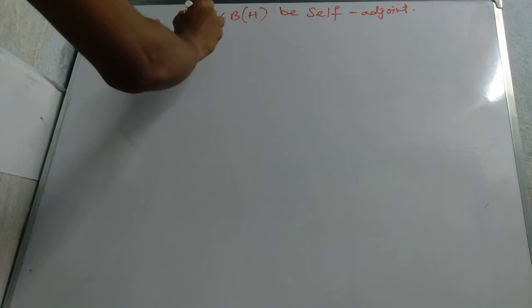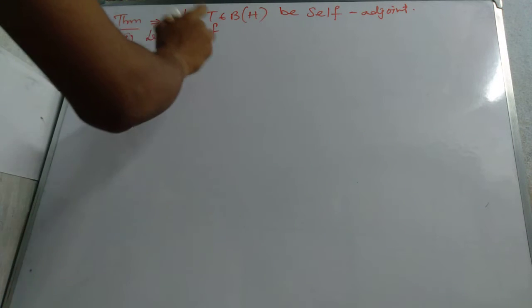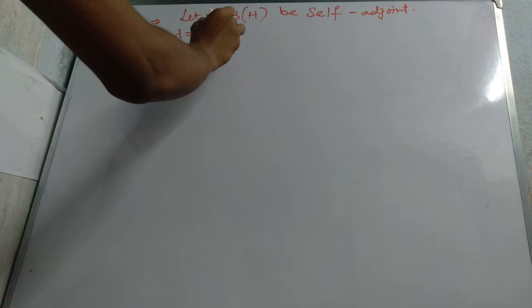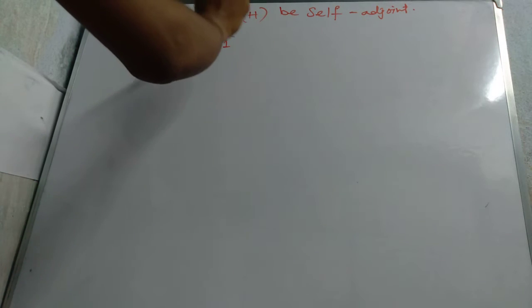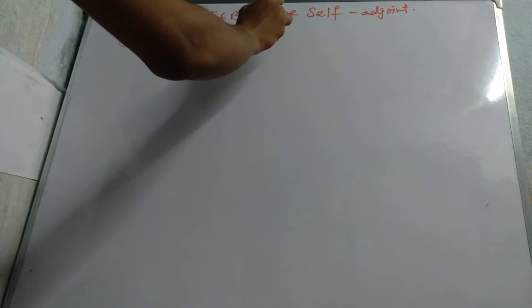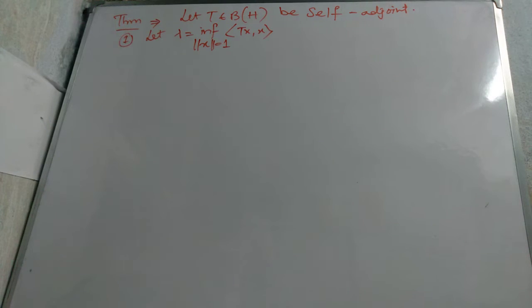First, let lambda equal the infimum over norm of x equal to 1 of the inner product of Tx, x.